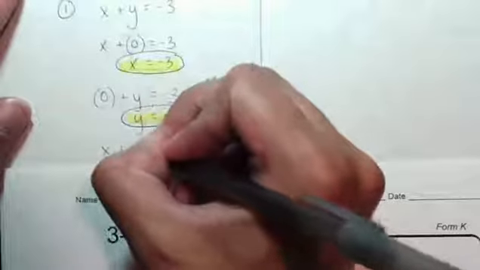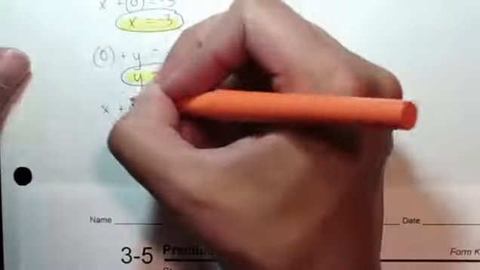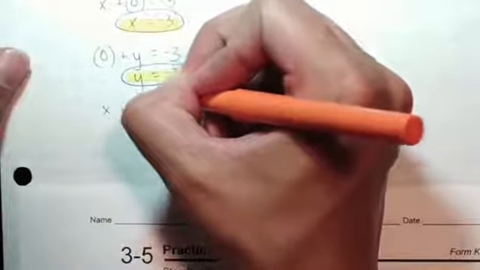And then the last thing I need to find is the slope. So I have my equation. One way that I can find the slope is to convert it to y equals mx plus b. If you want to write y equals mx plus b at the top, that will help you identify what it is.